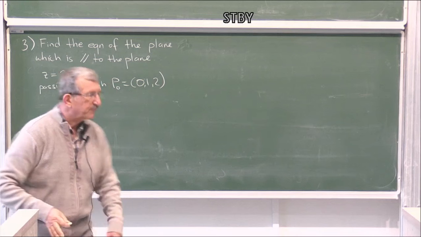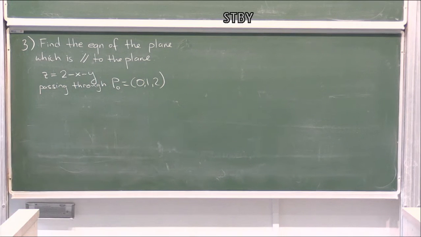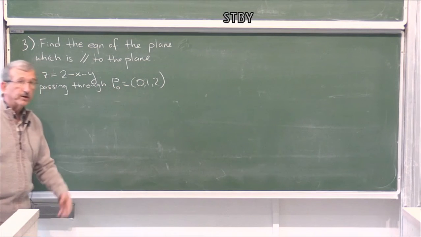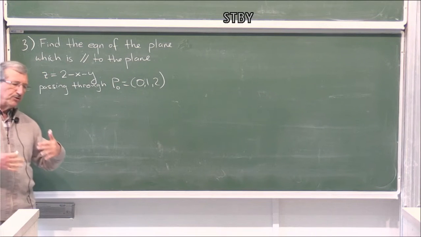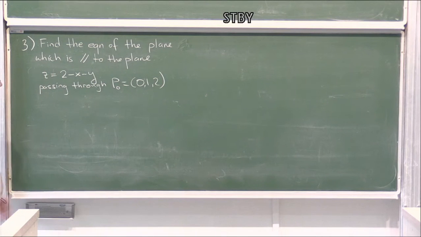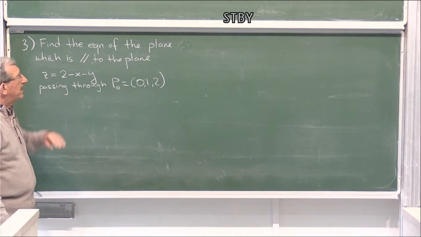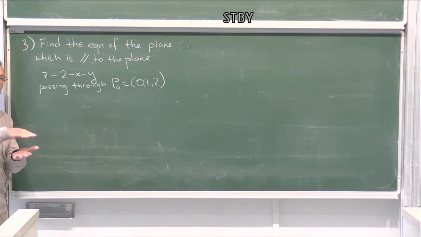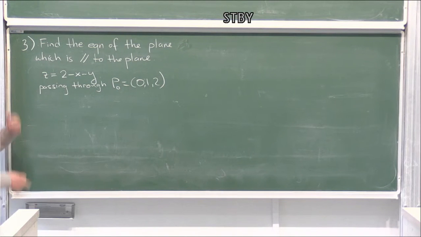Note that here a point is already given, so we only need to find a perpendicular vector. Now, because the 2 planes are parallel to each other, their perpendicular vectors could be taken the same or a multiple of each other.